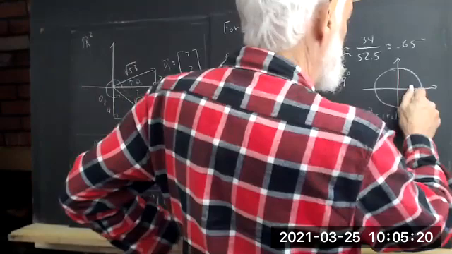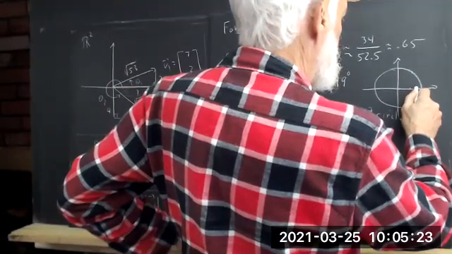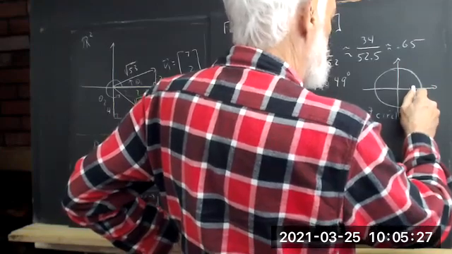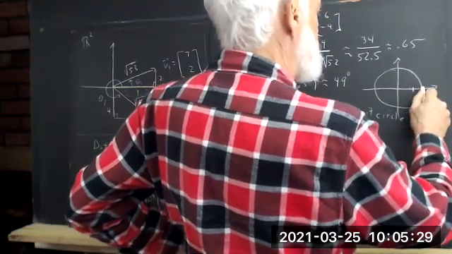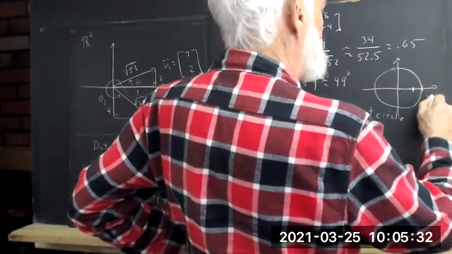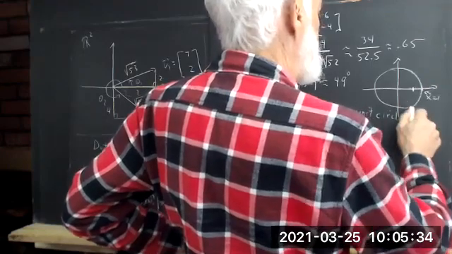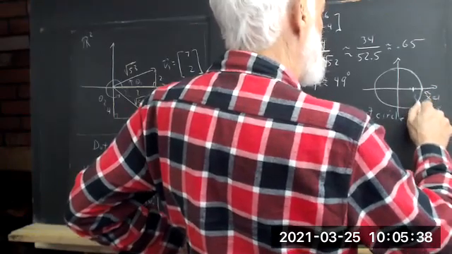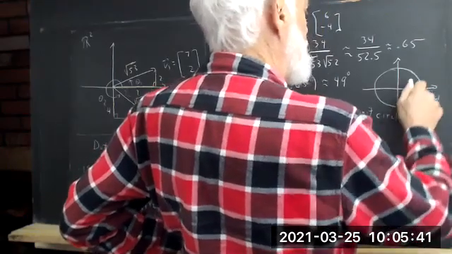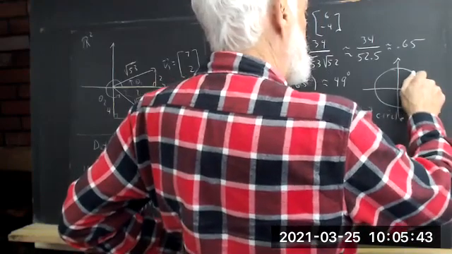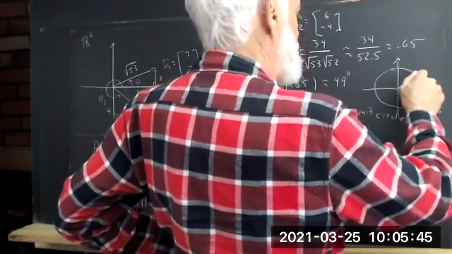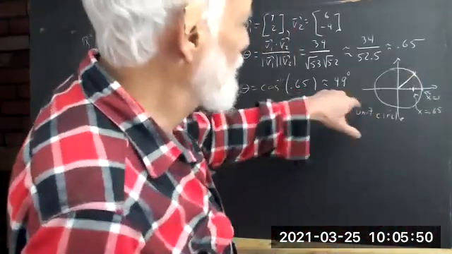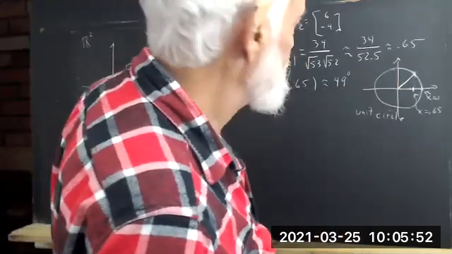So I'm going to say, well, one half is about here, 3/4 is about here, and 2/3 ought to be about here. Okay, so let's see. Here's for x equals 1. Here's for x equals 0.65. And right here on the circle is a point on the circle corresponding to this.